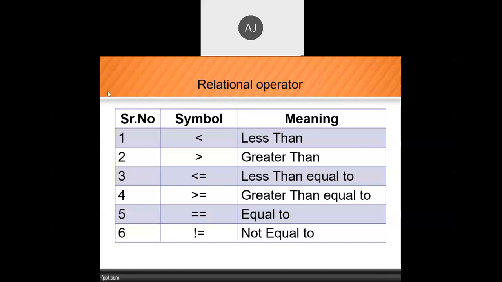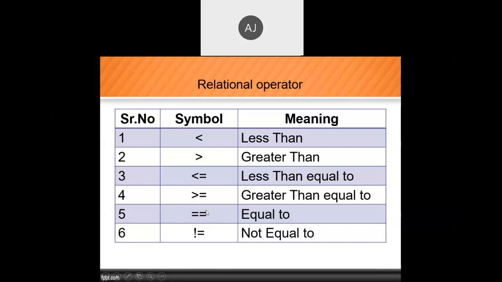These are the symbols available in the relational operator. Like in C language, C++ language, or any other language like Java, we have a relational operator. No special operator is available. The first symbol is less than, afterward greater than, less than or equal to, greater than or equal to, and not equal.